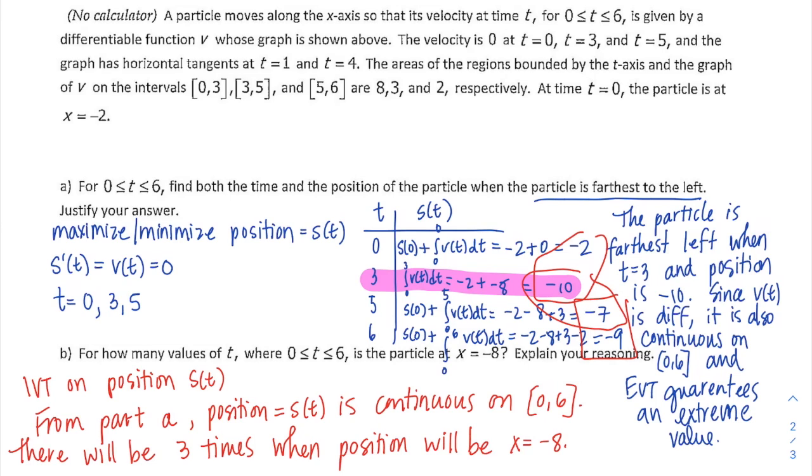We established that our position is continuous, and then we can say by IVT, intermediate value theorem, 3 times are guaranteed for position of x equals negative 8.